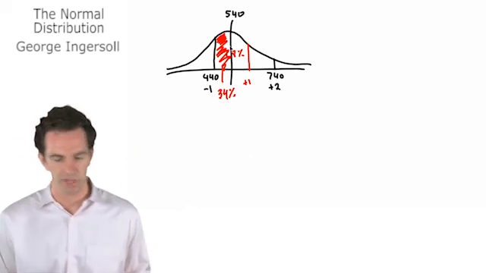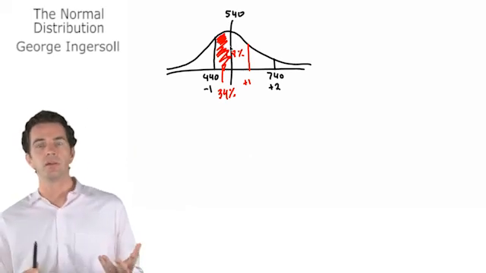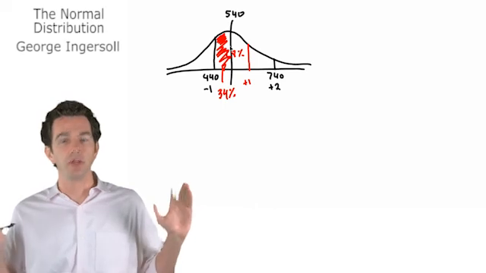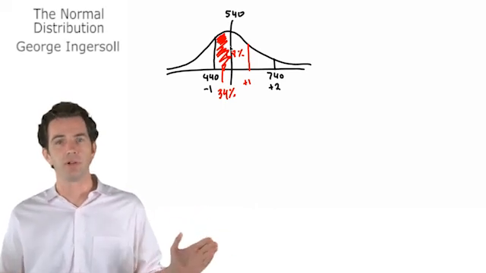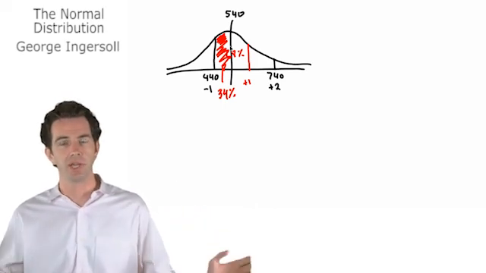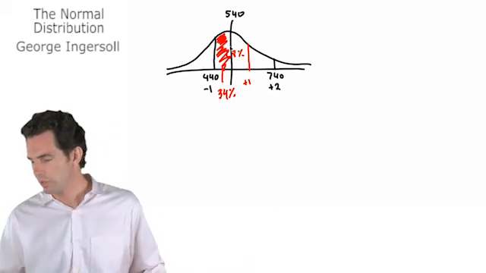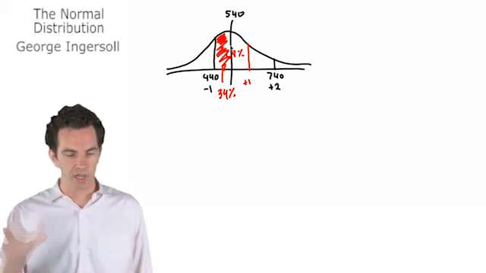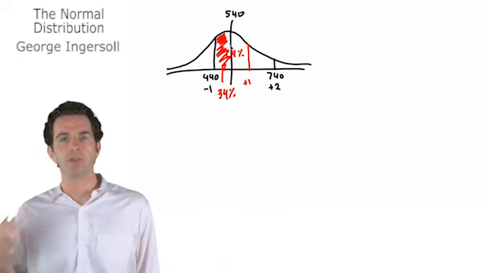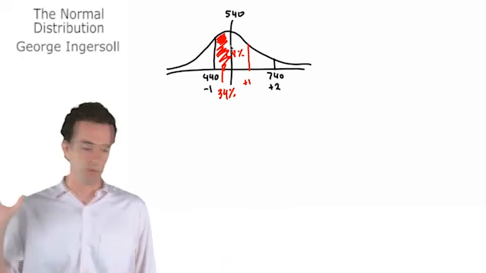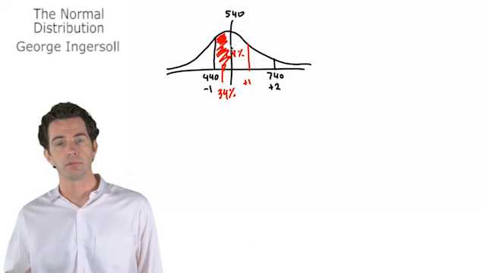Now what about this 740? Well, we said 95% of all results are going to fall between -2 standard deviations and +2 standard deviations. Our standard deviation is 100, and so we know that 95% of all results are going to fall between 340 and 740.